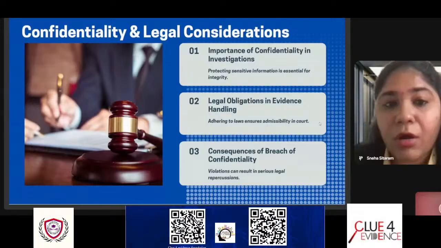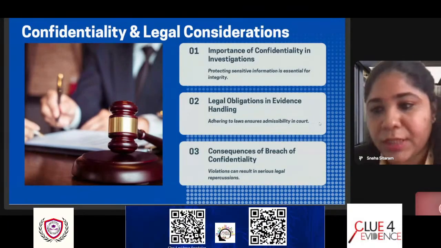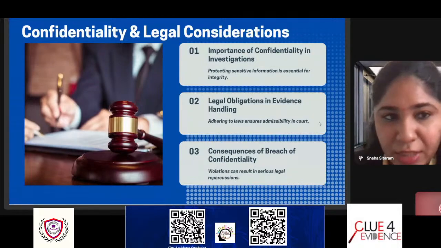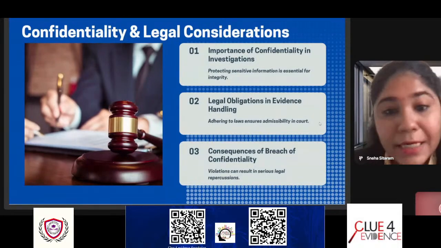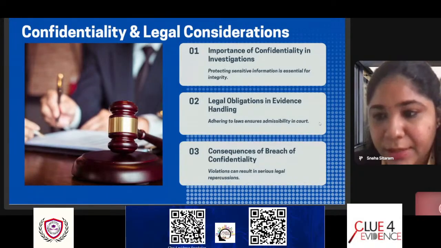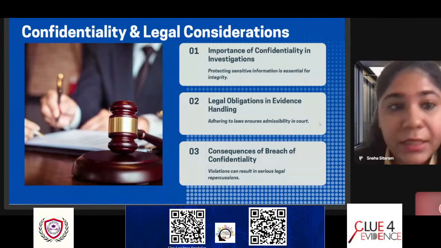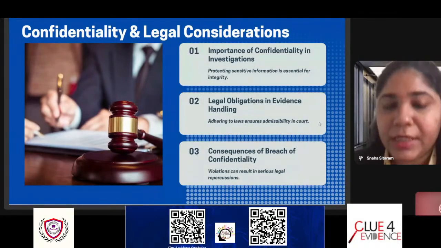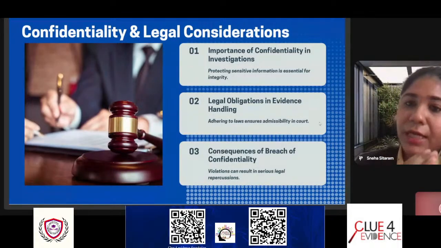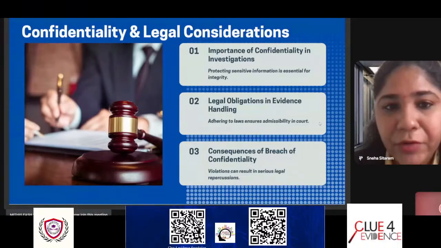Breach of confidentiality can have severe consequences, because the investigation can be hampered or jeopardized, the reputation of the organization or the investigators themselves can be damaged, and it can even trigger legal issues against the investigators themselves. So confidentiality matters here at any point of time.